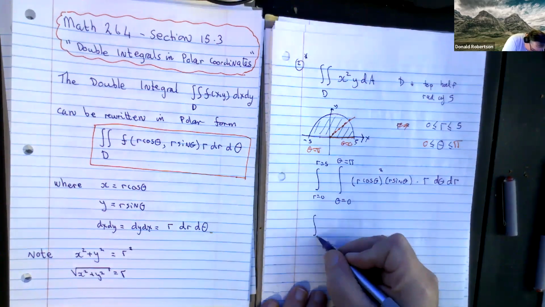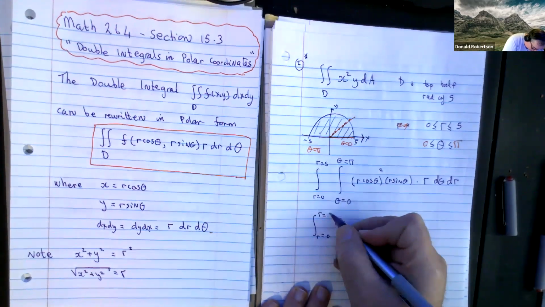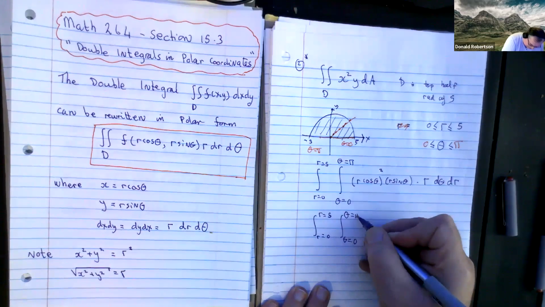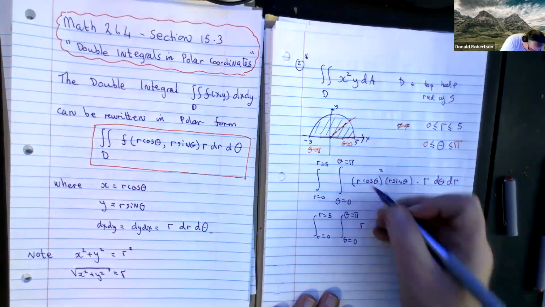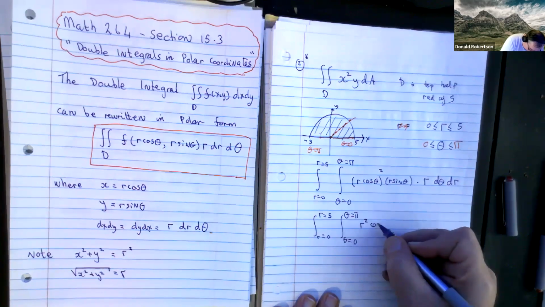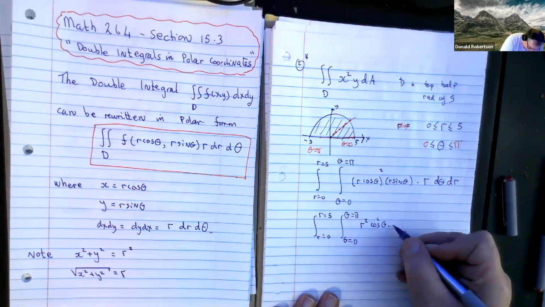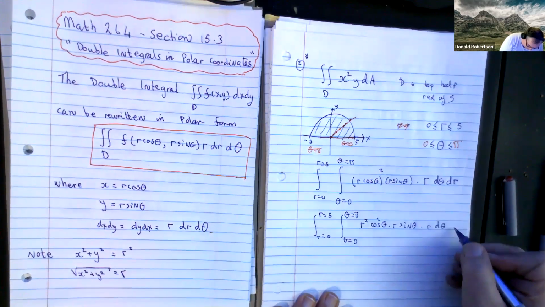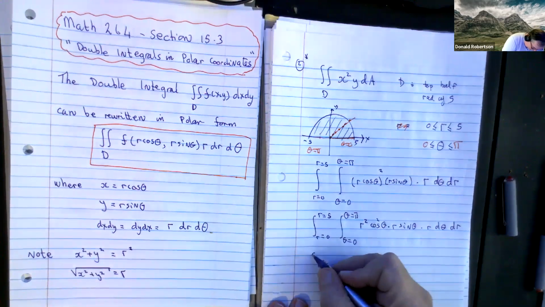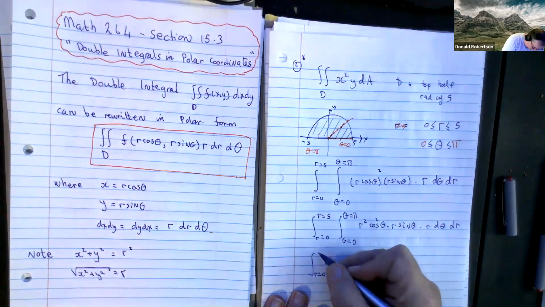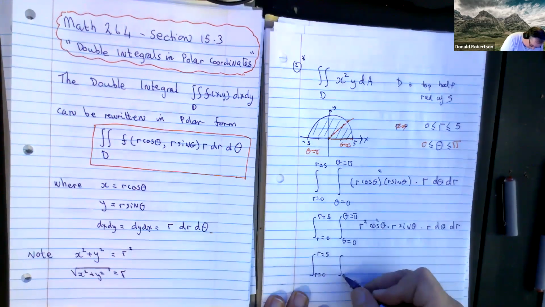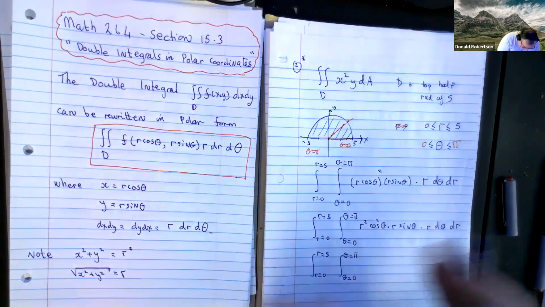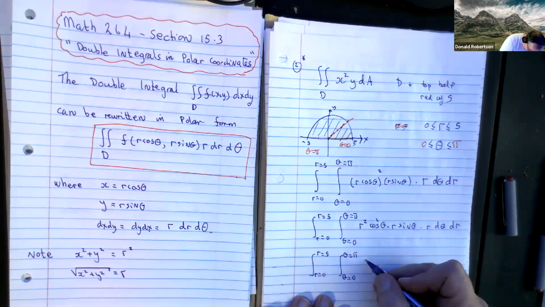And at this point here, what I would do next is to try and make it a little bit prettier. If you square this guy, you get r squared cos squared theta times r sin theta times r d theta dr. And I collect all the pieces together, they'll get that one, that one, that one, so that's r to the 4.